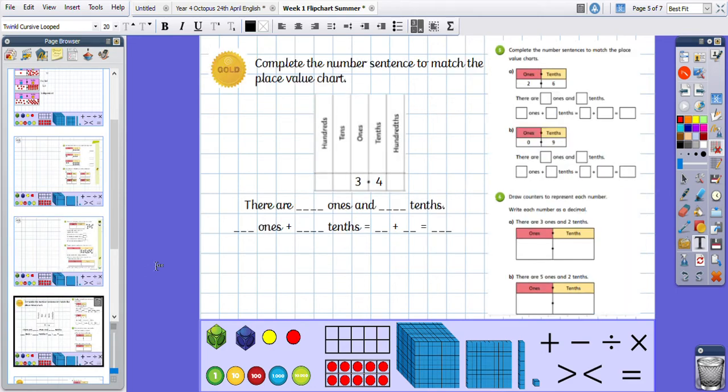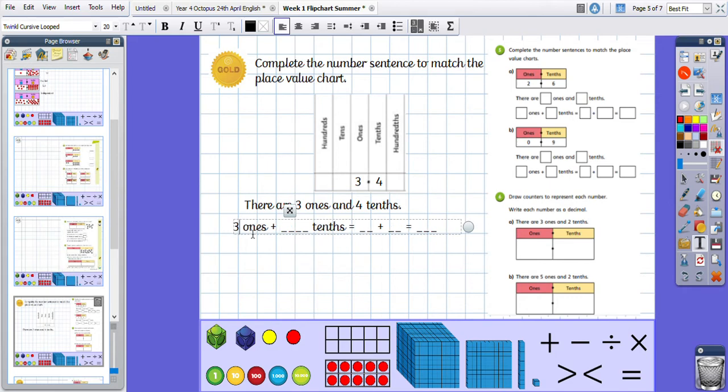Okay. For gold, question 5 I'm going to give you an example for. Complete the number sentence to match the place value chart. So here I have the decimal number 3.4. So in my number I know there are 3 ones and I know there are 4 tenths.